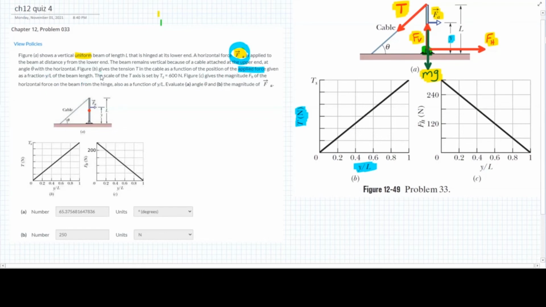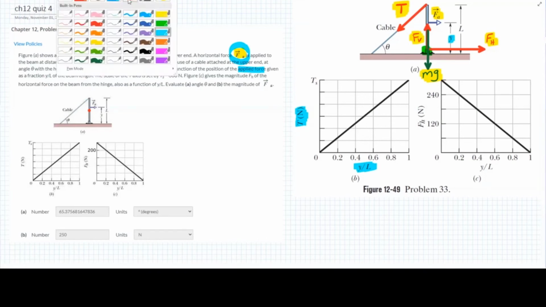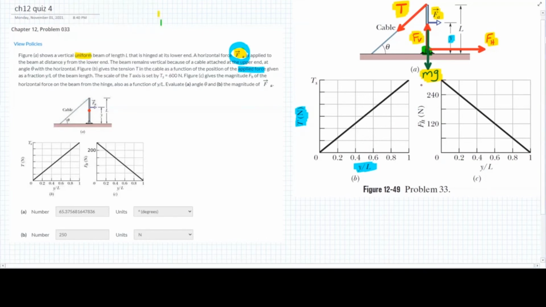All right, so let's just be careful and interpret this. If that external force is applied at Y equals L, that means Y over L equals 1. And I'm looking at this point.